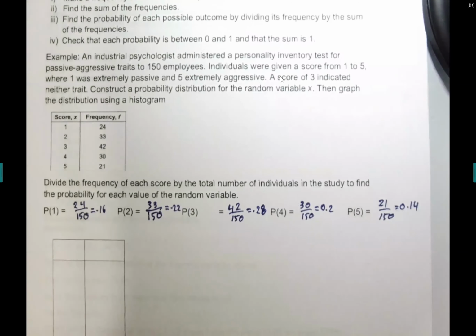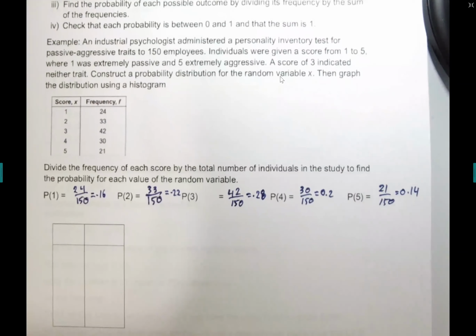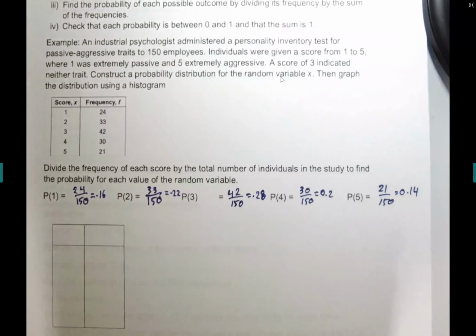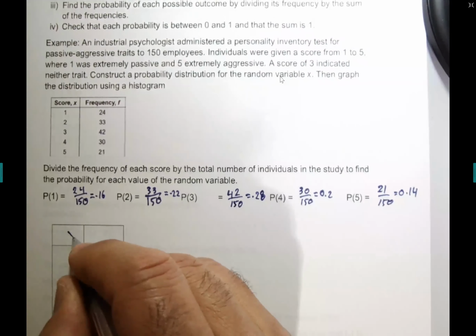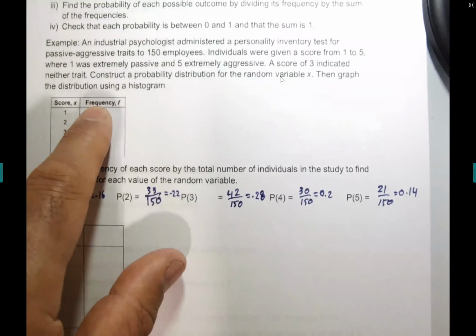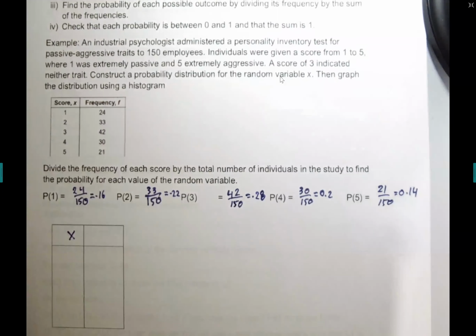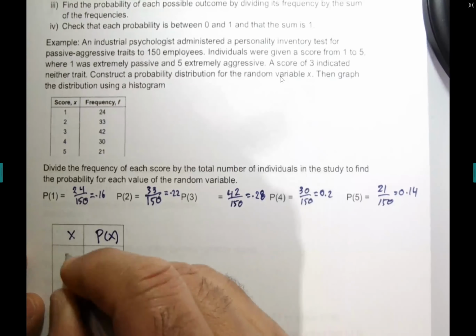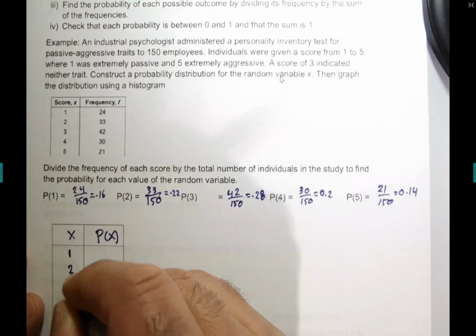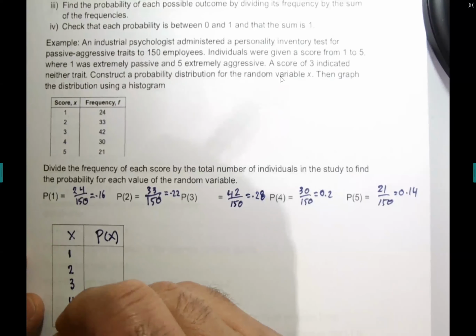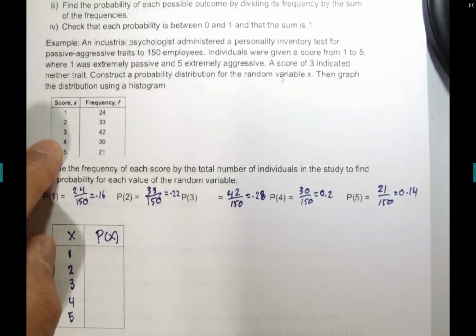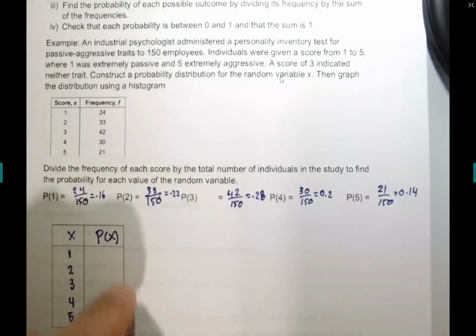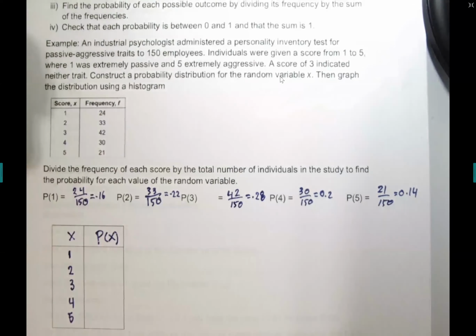Okay. Let me show you how to construct a probability distribution, guys. It's very easy. You put the score here, which is X. And instead of putting frequency, which I put F, you put P of X. P of X stands for probability of X. And you put 1, 2, 3, 4, 5. And instead of putting the frequencies, guys, you put the relative frequencies, which are the probabilities.